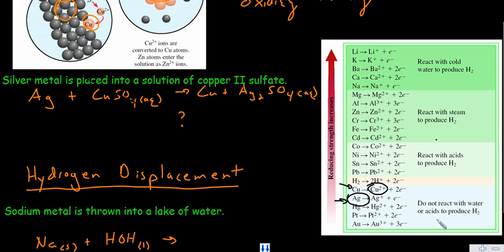Well, the lower you are, the more stable you are. So silver is more stable. It's fairly unreactive. It's not likely to react into silver ion. So you can say then that this reaction between silver and copper sulfate really just won't occur.